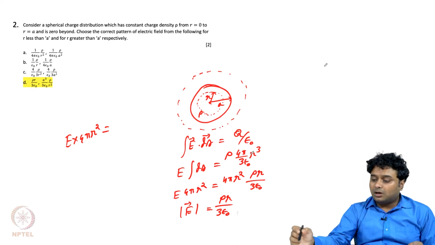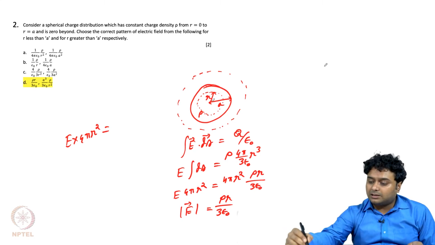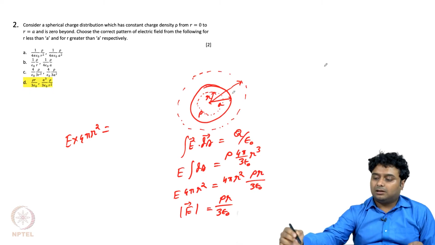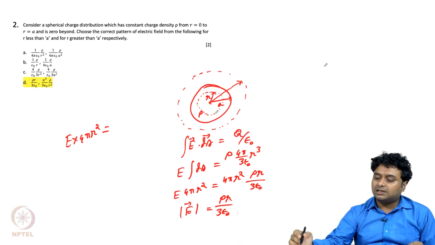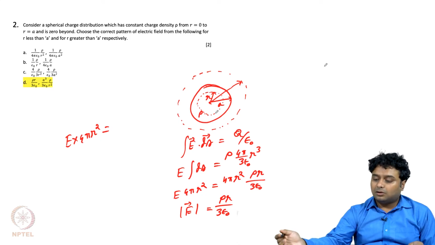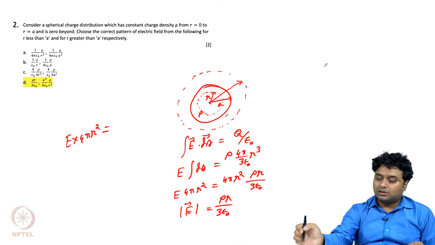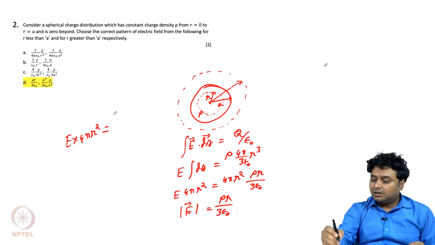Now earlier this q involved r cube, but now r is greater than a, and the charge is only till a. The total charge is then not dependent on small r, it is only the volume of the actual sphere, and that is 4 pi by 3 a cube.